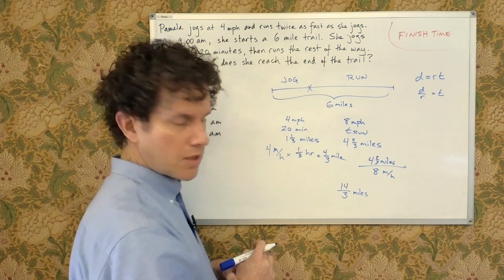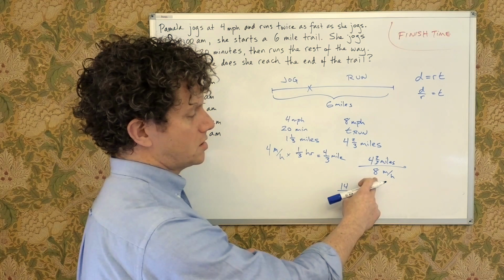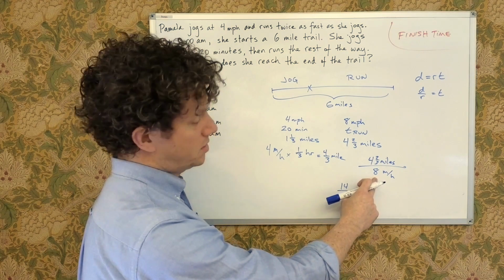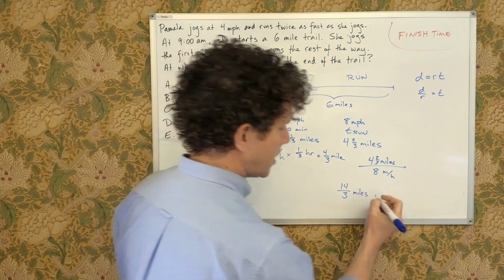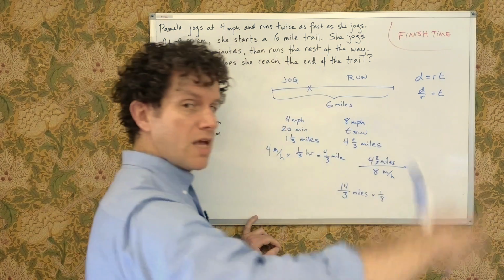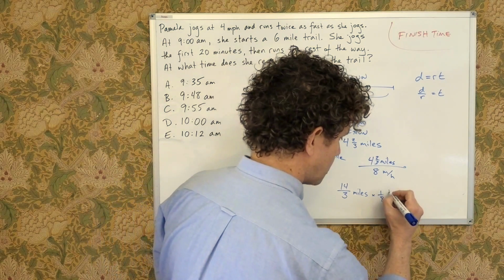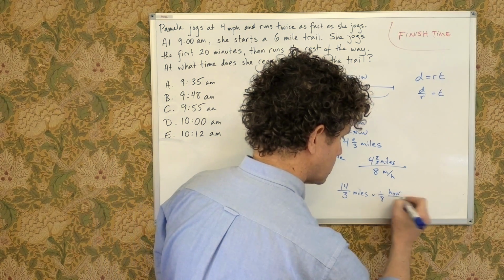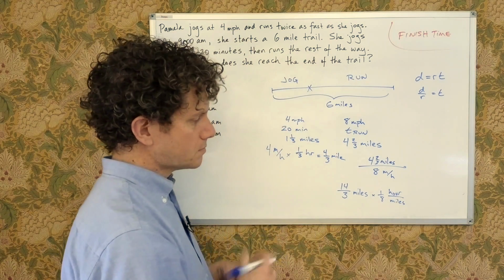A little strange, but not the end of the world. And division by a number is multiplication by its reciprocal. So division by 8 is multiplication by 1/8. As that number flips, our units are going to flip as well. 1 hour corresponds to 8 miles.